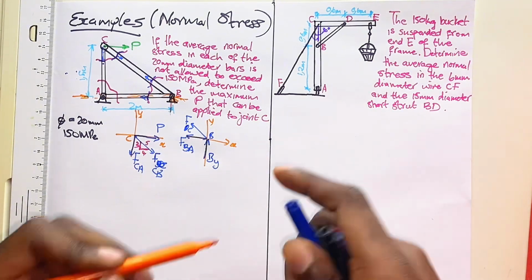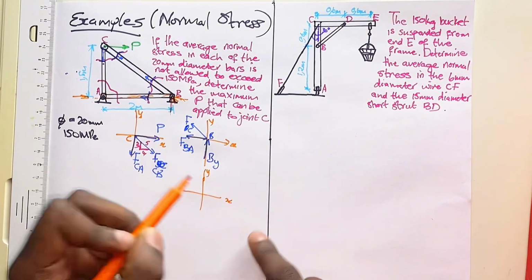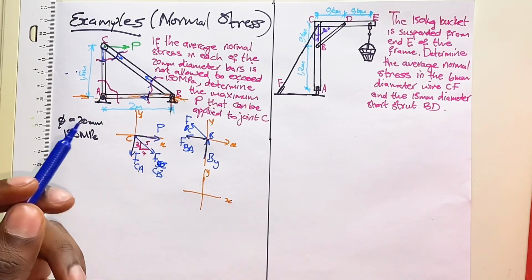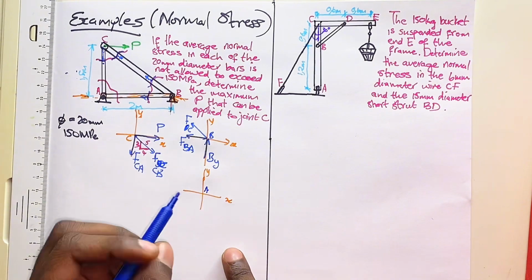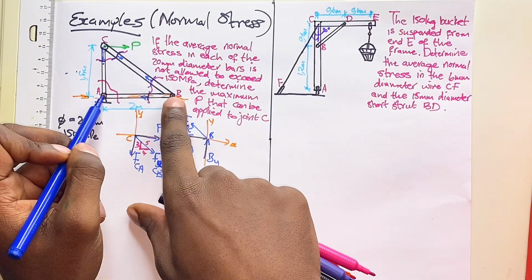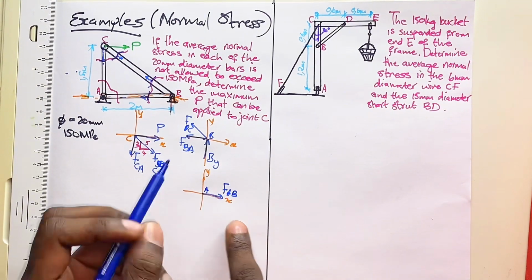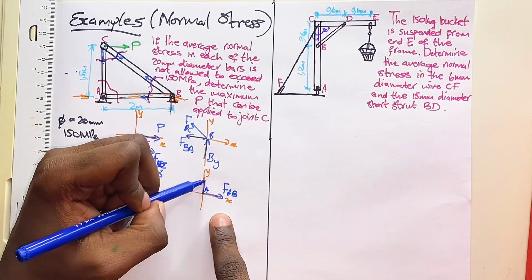Now the last one, joint A. If we look at the forces that are acting at A, you will have a force in here. So at A, you will have a force that goes from AB, and we'll have another force that goes up.